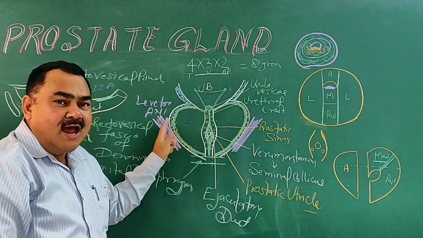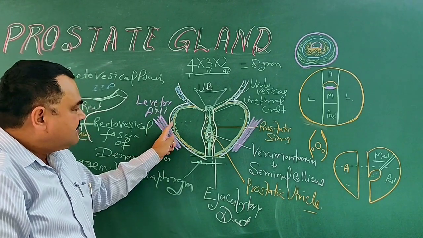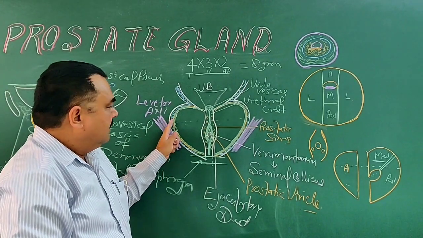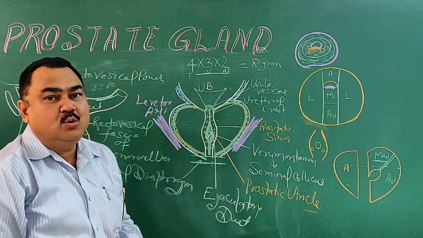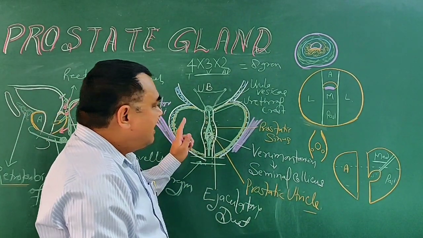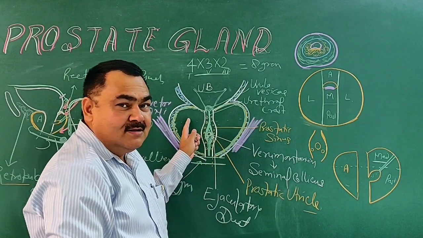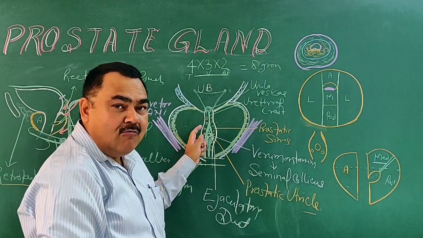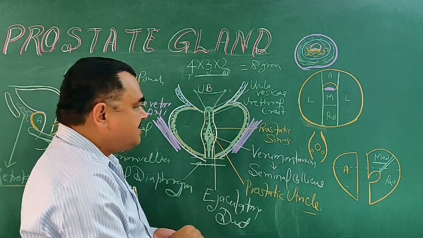And another important thing, this venous plexus drains into the Batson venous plexus, that is the internal vertebral venous plexus.